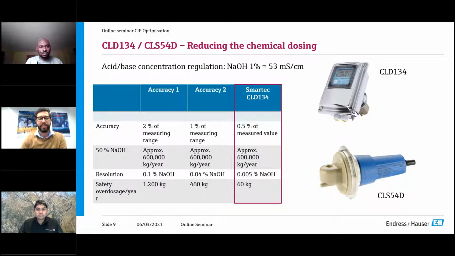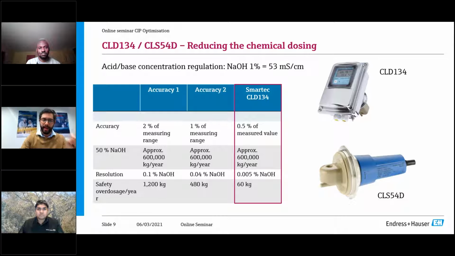If you use 600,000 of sodium hydroxide a year, if you have a conductivity sensor with an accuracy of 2% of the measuring range, this can lead you, let's say, to an overdose of nearly 1,200 kilograms of NaOH, or sodium hydroxide.